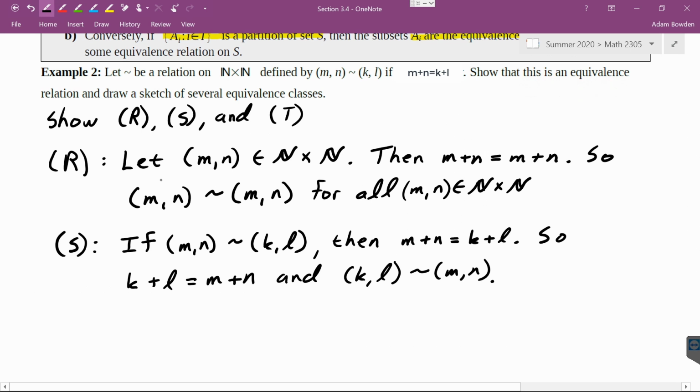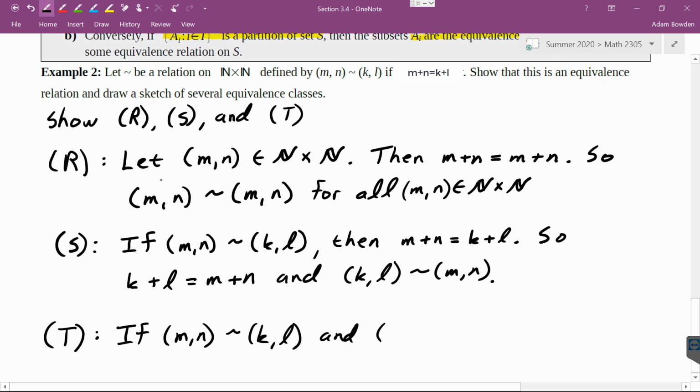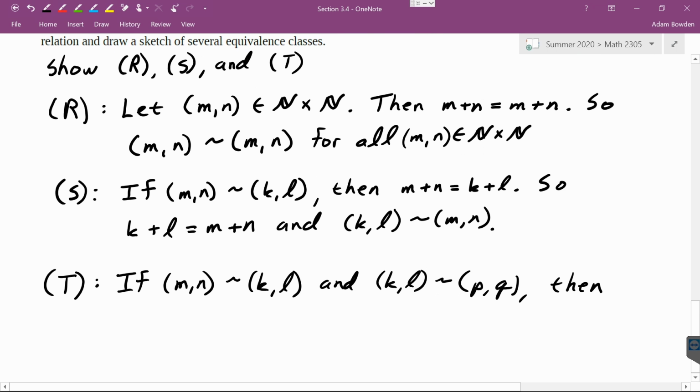And so it's symmetric. And then for transitive, if we start with m, comma n related to k, comma l, and k, comma l related to p, comma q, let's say, then by the definition of our relation, m plus n is equal to k plus l, and k plus l is equal to p plus q.